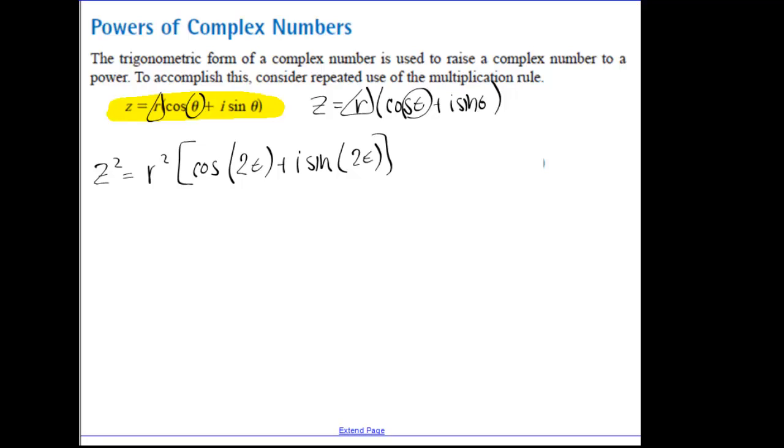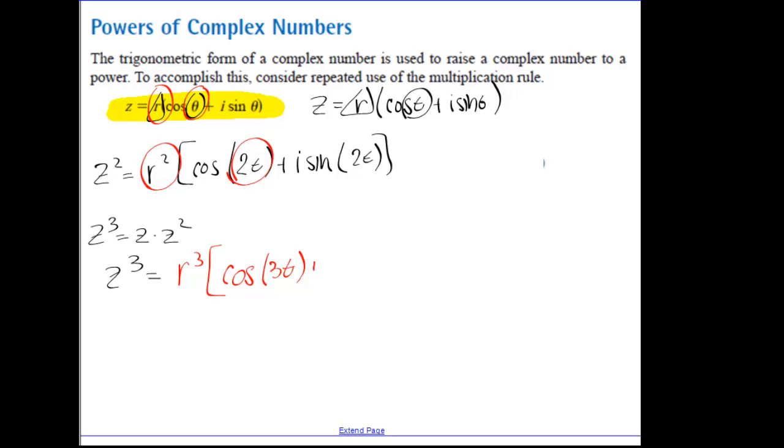Let's do it again. z cubed is the same thing as z times z squared, so r times r squared would be r cubed, open brackets, theta plus 2 theta would be cosine of 3 theta, plus i sine of 3 theta.